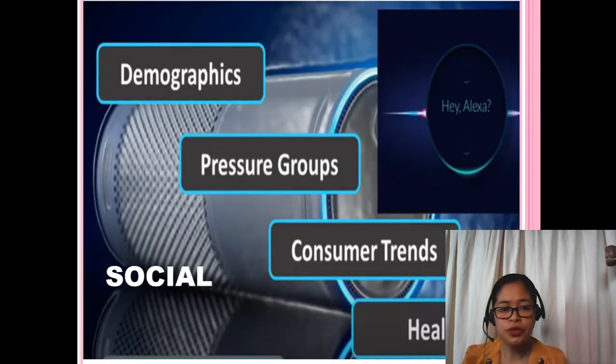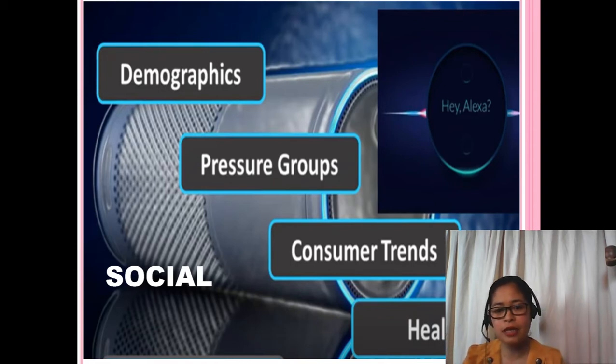Now let's go to the social. You have to examine your environment, its demographics, its pressure groups, consumer trends, and health. We are going to focus more on the demographics. You have to know the population, the age, the sex, and the preference of your market.